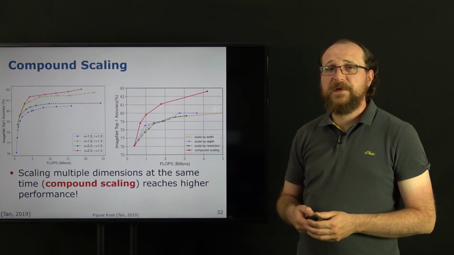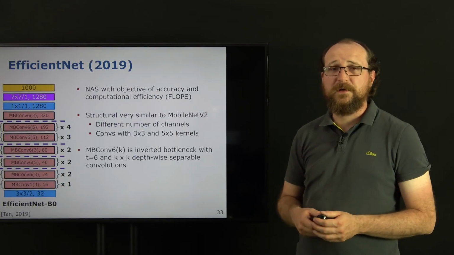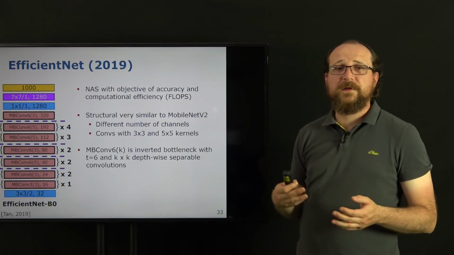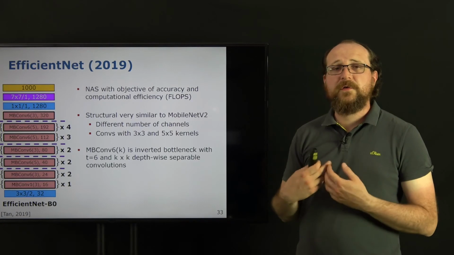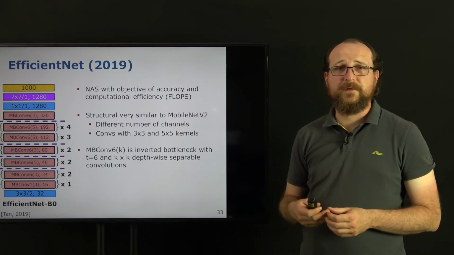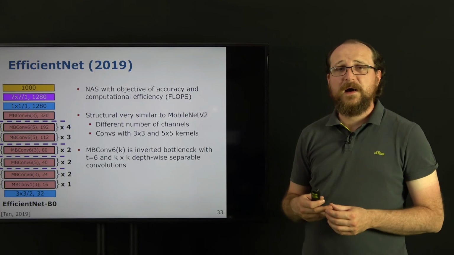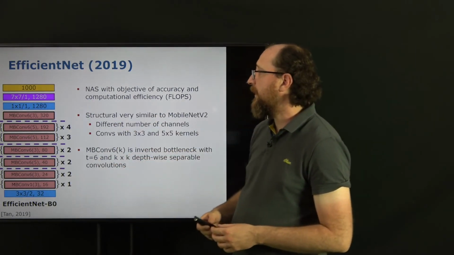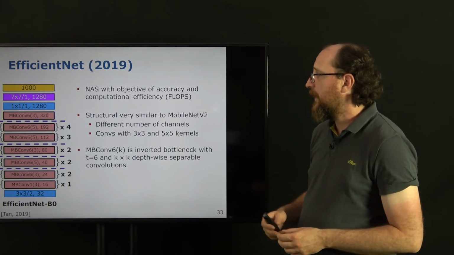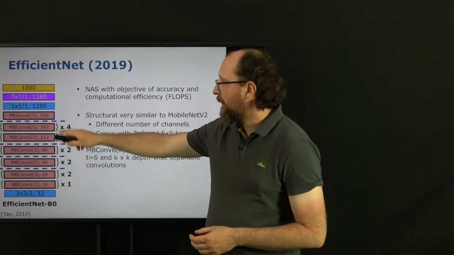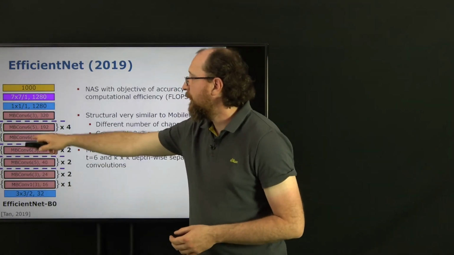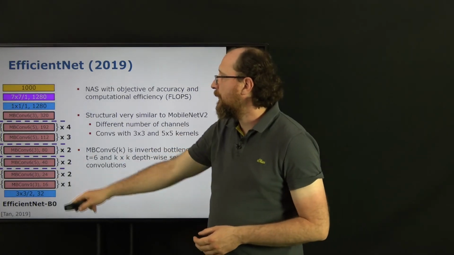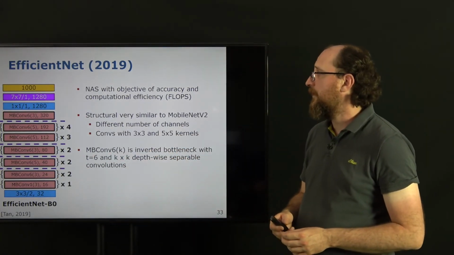And for this purpose, they applied the neural architecture search again. And here the goal was to search a structure that is not only accurate, but also computationally efficient. So it goes in line with this MobileNet architecture. So also the architecture looks very similar to the MobileNet version 2. We have again the inverted bottleneck structures here with expansion rate 1, 6 in between. And now the number of channels changed because the neural architecture search came up with this number of channels.